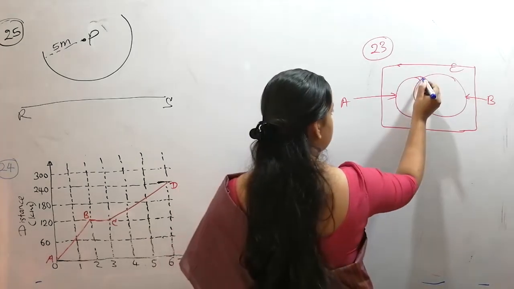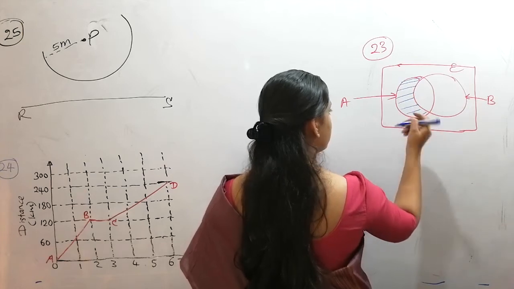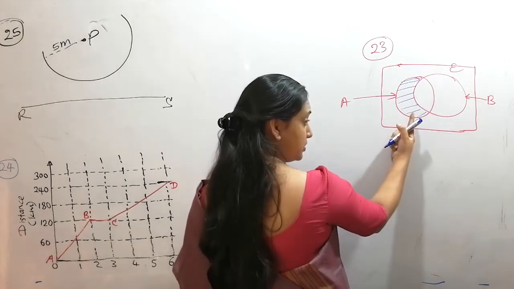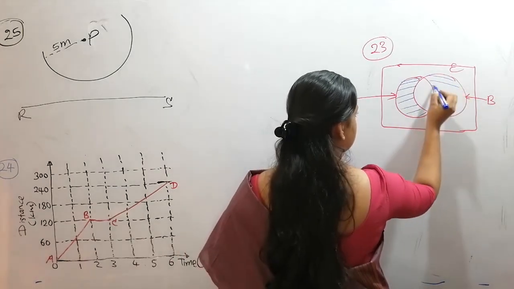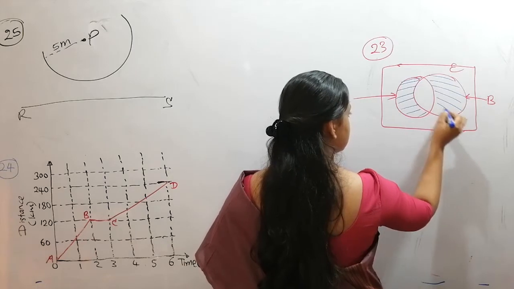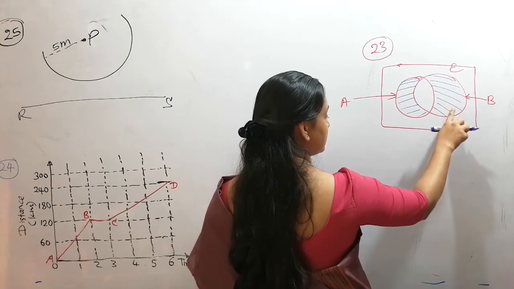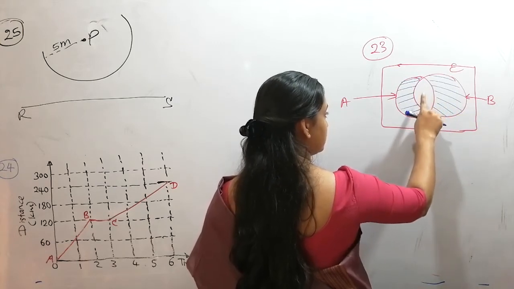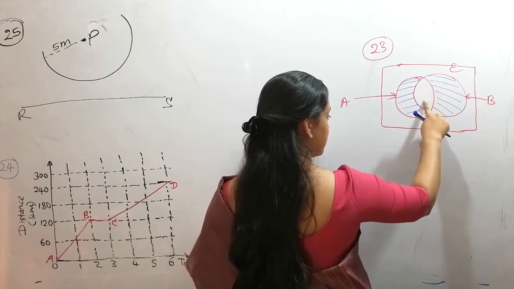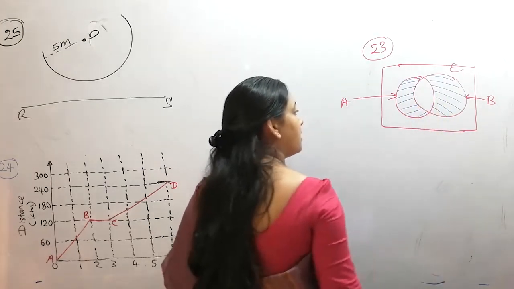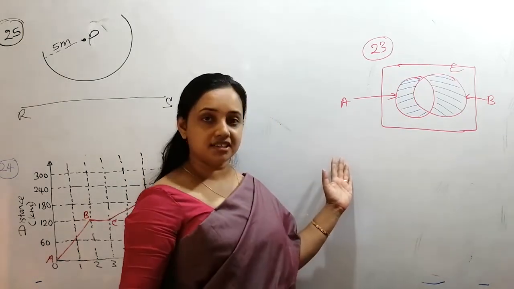Then this area represents the students who like to study only mathematics, and this area represents the students who like to study only science. This area represents the students who prefer both subjects, so we can't shade it. Only these two areas are the answer for the question. This is the answer for question number 23.